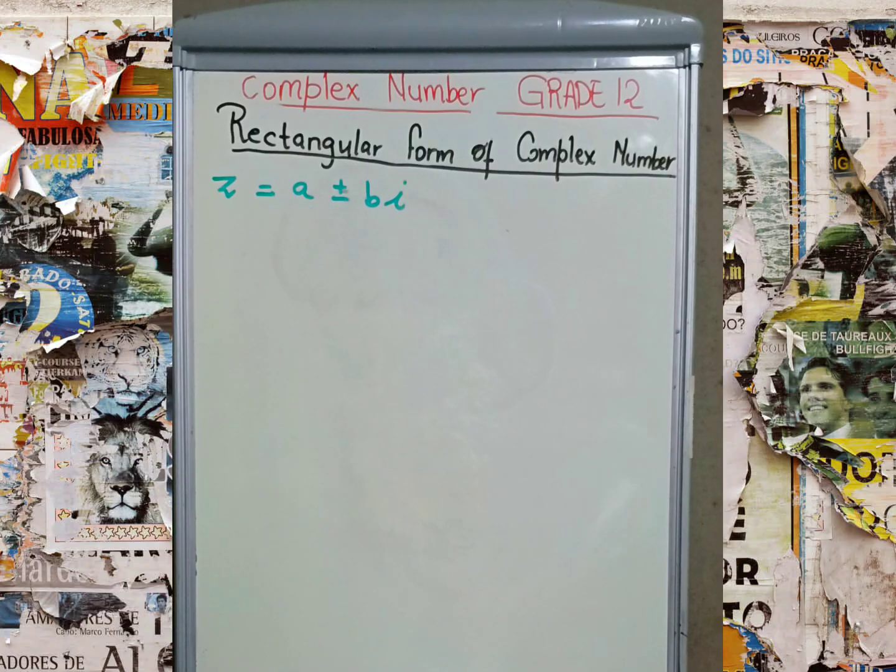When I talk about the rectangular form of complex numbers, we are going to look at the equation z equals a plus or minus bi.